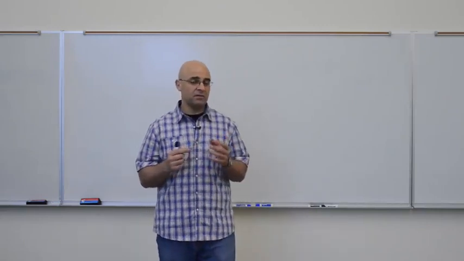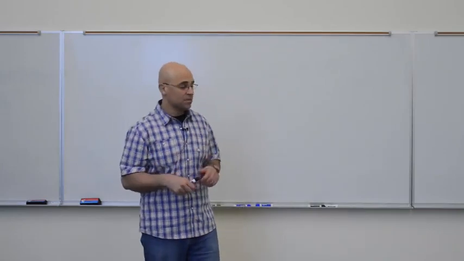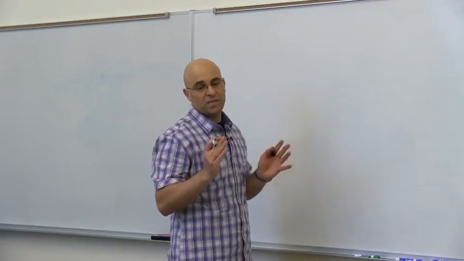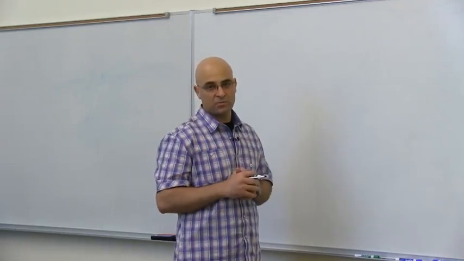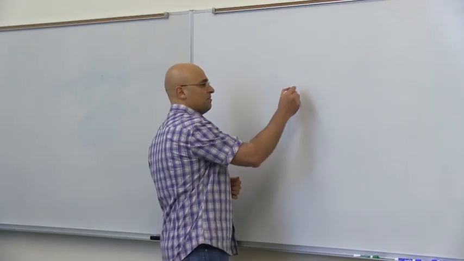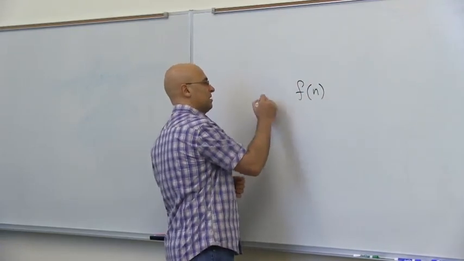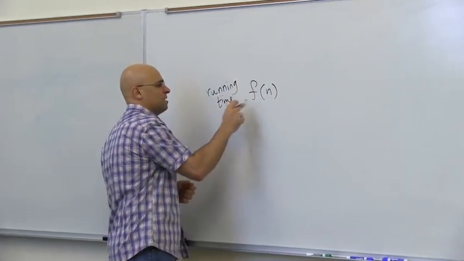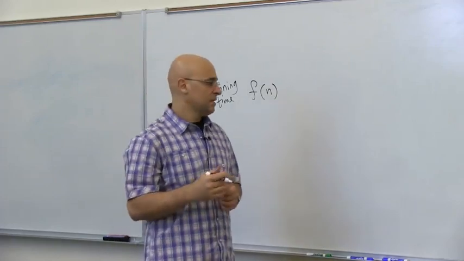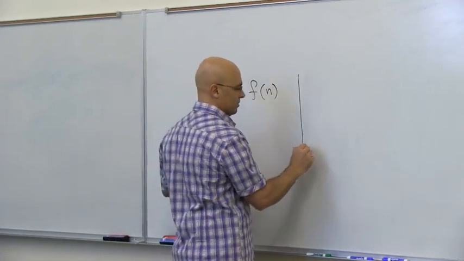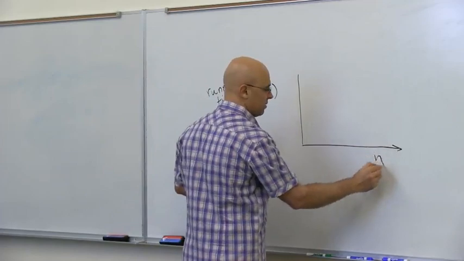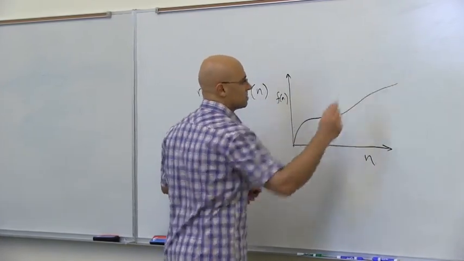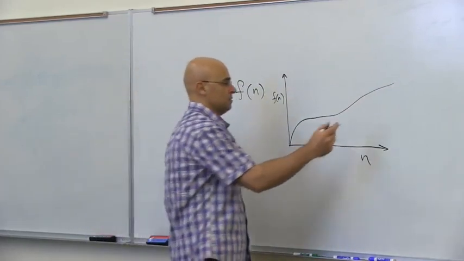So if I have analyzed the running time of an algorithm, I get a function of the input size. We'll assume that the parameter corresponding to input size is n, and that I have done all my work and got that the running time is f of n, some function of n. Now I can plot this function as a function of n, and it grows like this.